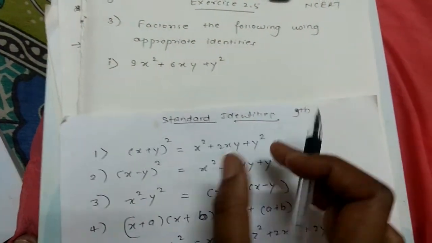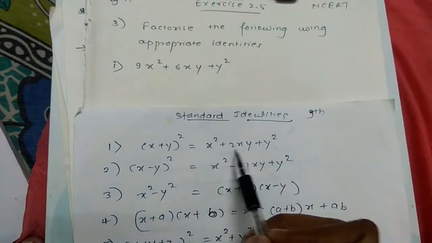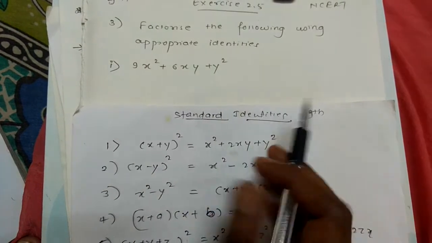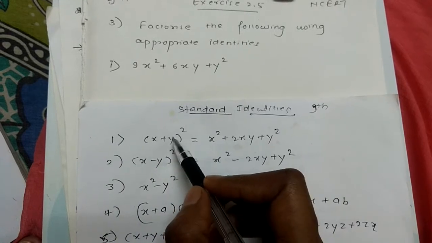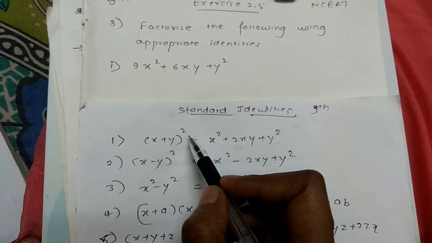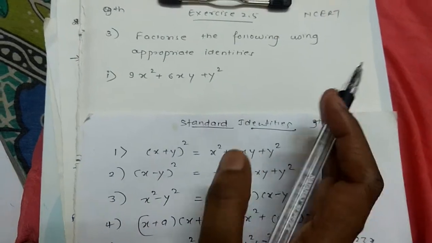So try to write in this form. They told us to factorize, so factorization of this is equal to this, because factorization means we have to write in product form. If you get x plus y the whole square, you can write it as x plus y into x plus y. So remember, factorization means you write the given polynomial in product form.